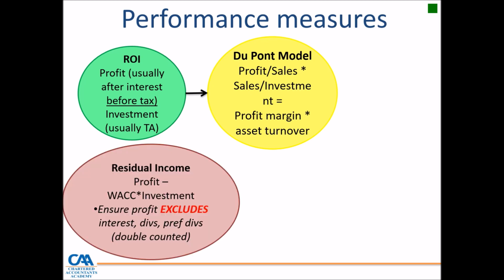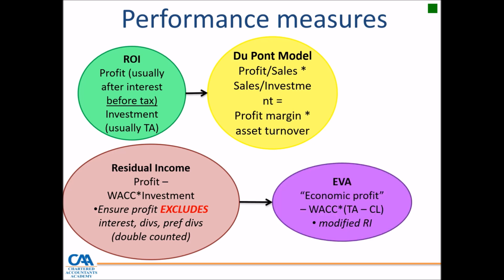Also, as a performance measure, we have what is known as residual income, which is my controllable contribution less my weighted average cost of capital multiplied by controllable investment. As I highlighted earlier, everything is hinged on control. So I'm evaluated on my controllable contribution less my WACC multiplied by my controllable investment.